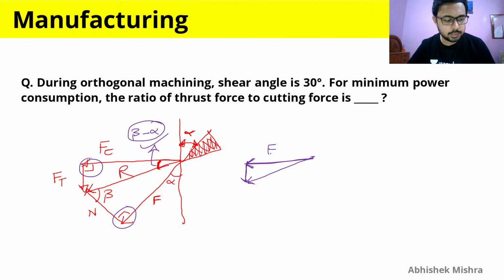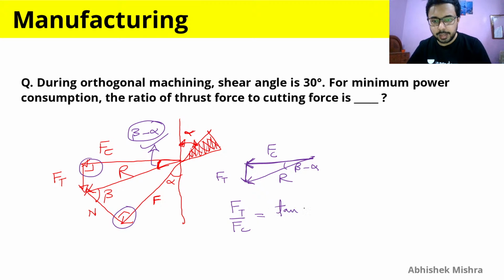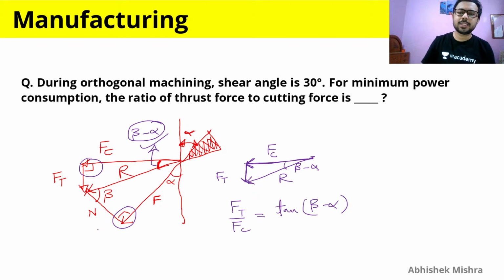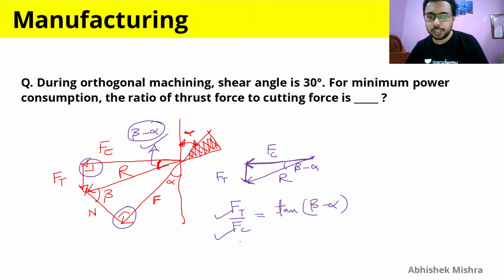So this is Fc, this is Ft, this is R, and this is the beta minus alpha angle. So in this triangle, Ft by Fc is equal to tan of beta minus alpha. So if you take the tangent of beta minus alpha, you will get the Ft by Fc ratio.